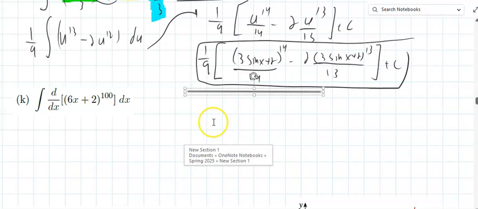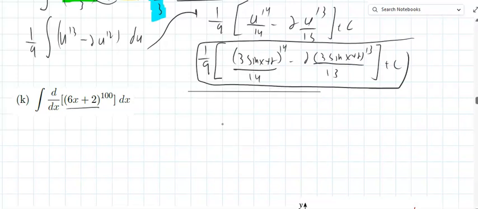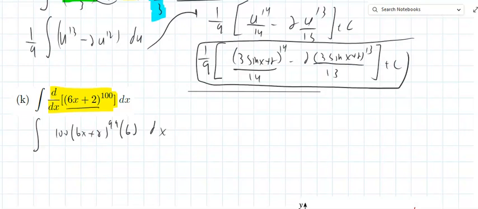And this last example is more theoretical, and let's get that out of the way. If you take a derivative of this, that is simply 100 times 6x plus 2 to the 99 times 6. That's this part. And if you integrate that, well, we know what that is.